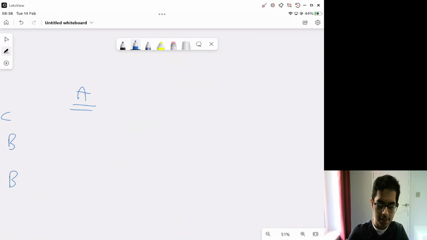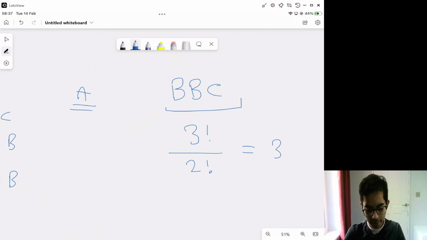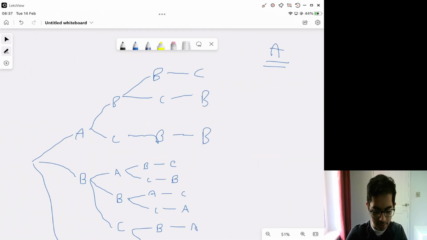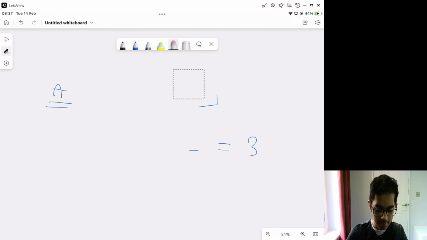Since we have A, B, B, C, and A is fixed, our choice is basically from B, B, and C. Now the number of rearrangements of this is 3 factorial divided by 2 factorial, which is basically 3. So then we know that there will be 3 different combinations starting with A, which, as we can see from the tree, indeed aligns. Now let's have a look at the same thing, but starting with B.